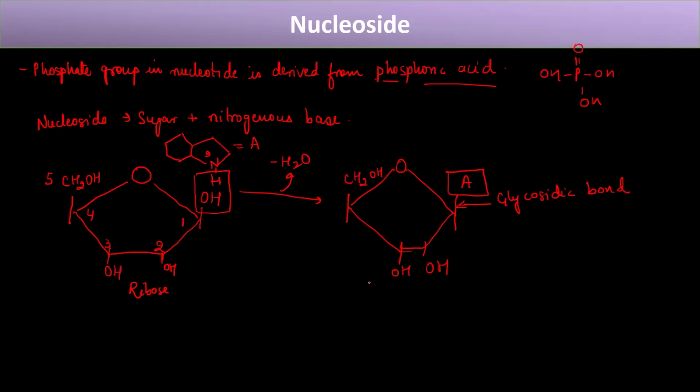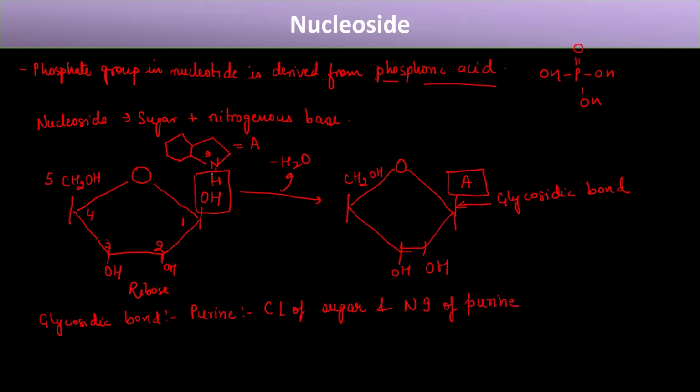So what we have seen here is that it was purine, right? In the case of purine, the glycosidic bond is forming between carbon 1 of sugar and nitrogen 9 of purine, right?